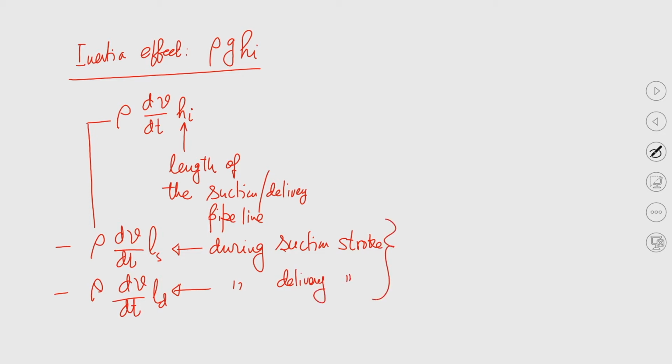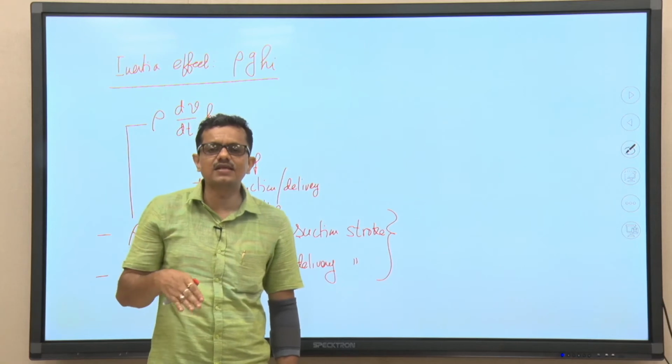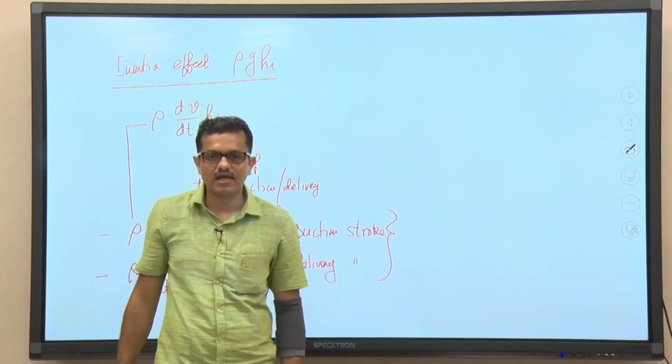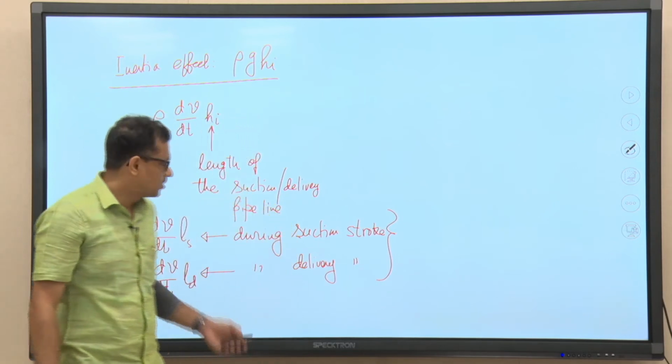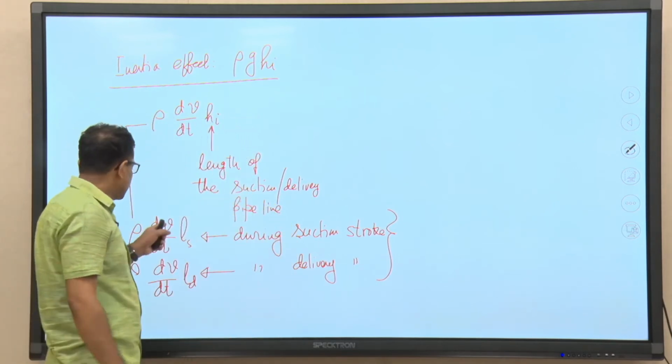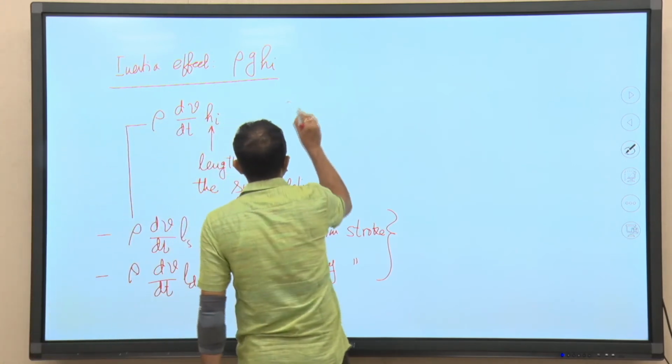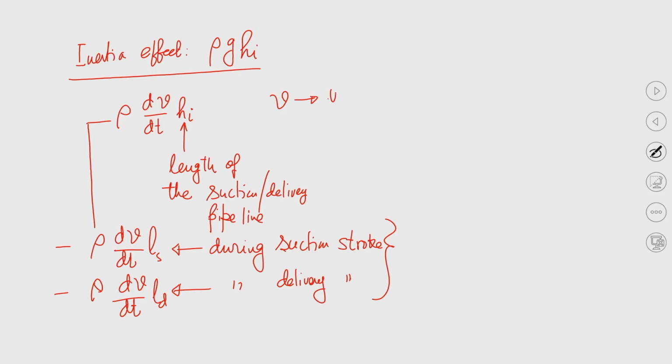This is essentially rho g h, that is pressure. What I said is that this acceleration and deceleration effect of the piston is involved with additional pressure, and we need to take that into account. Again, V here is the velocity of the liquid.